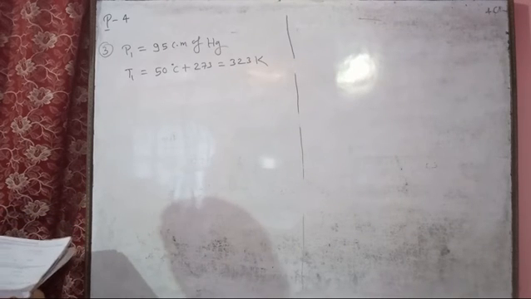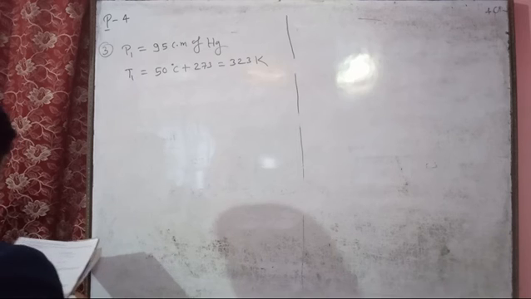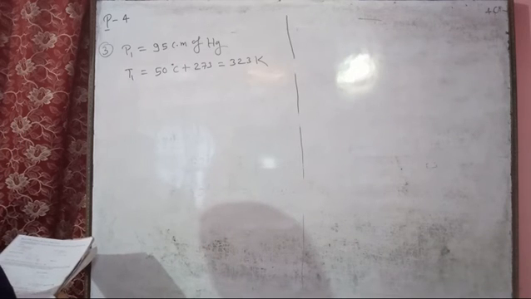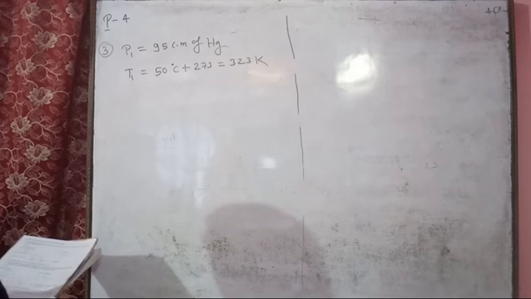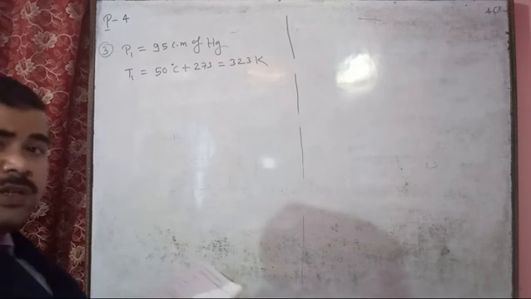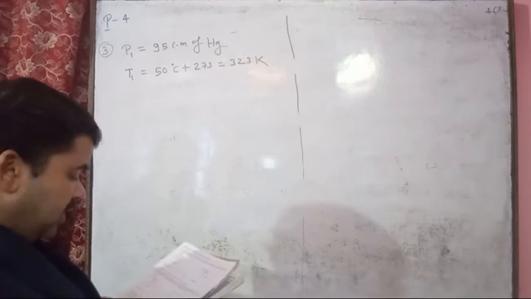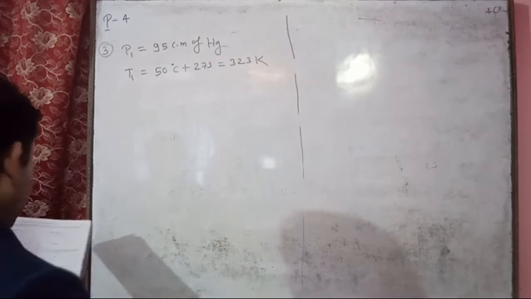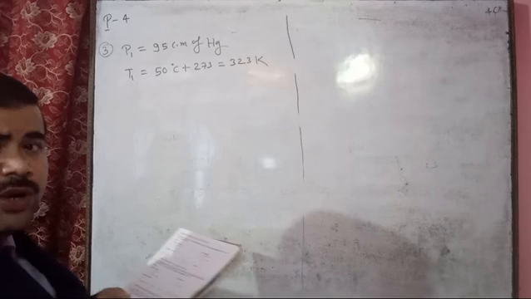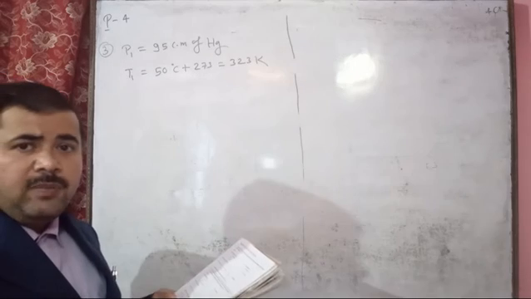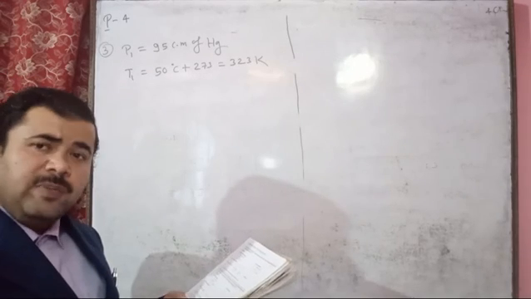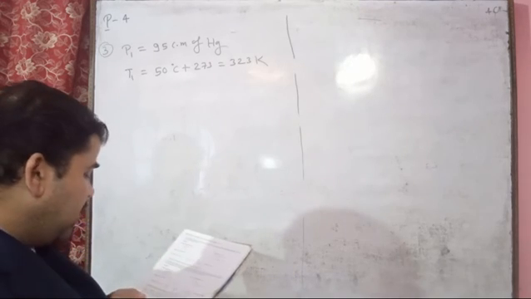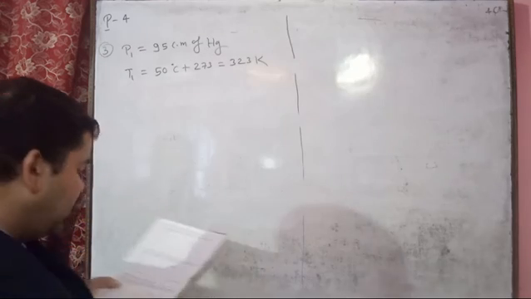To what temperature should it be cooled so that it occupies a volume which is 80% of its original volume? The original volume is not given, and the final volume is given as 80% of its original volume, when the pressure of the gas is 90 centimeter of Hg.